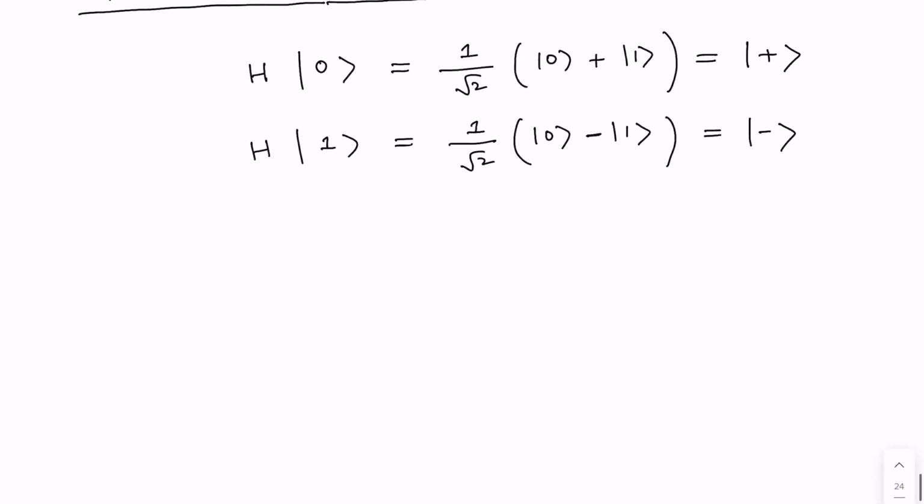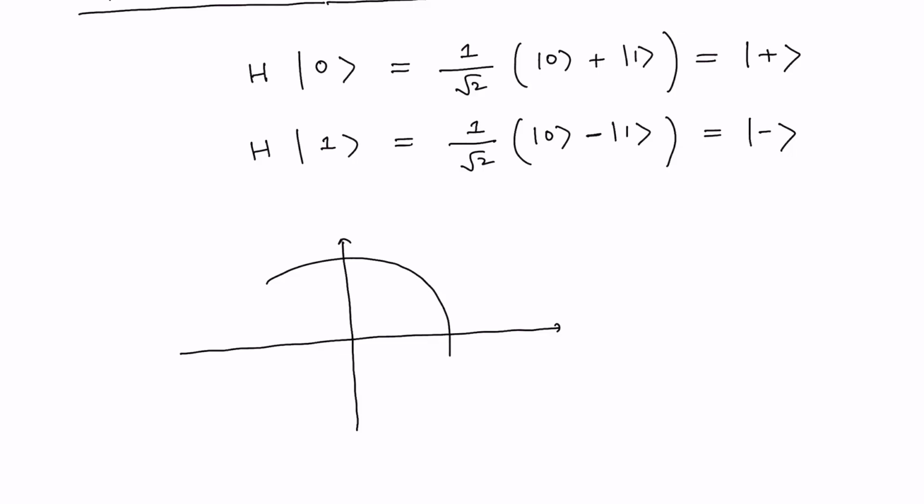If I think in terms of the Bloch sphere, suppose before the Hadamard gate operation your quantum state is at the south pole, which is your gate 0. Let's say this is my x-axis, this is my y-axis, this is my z, this is my north pole, this is my south pole, and this is gate 1.